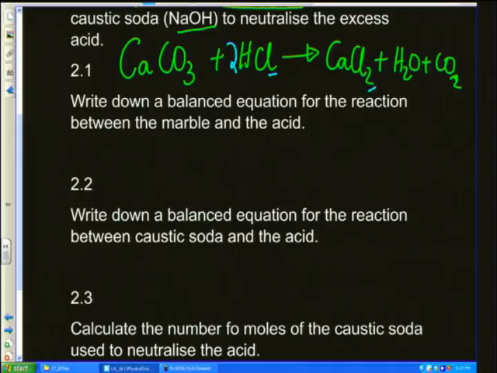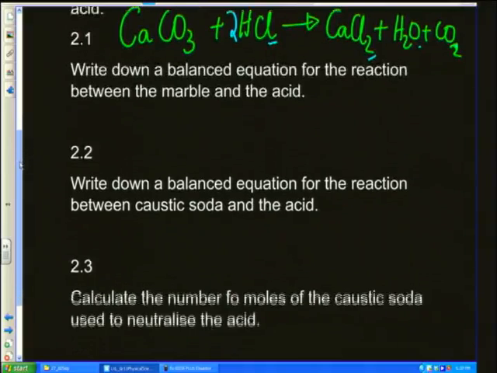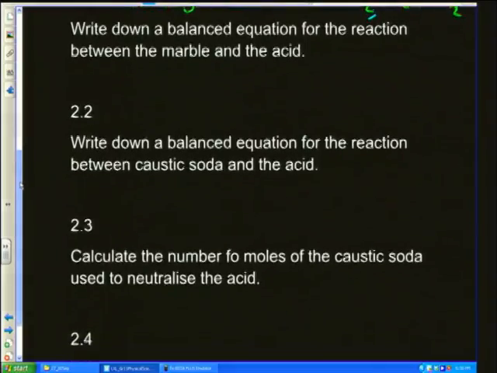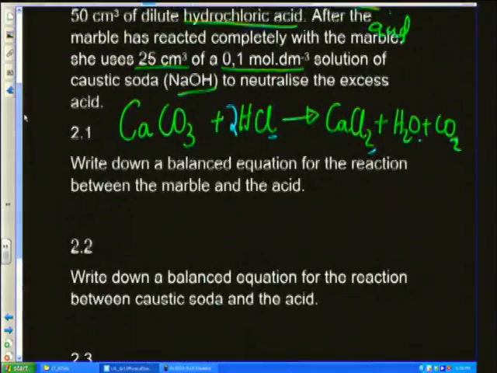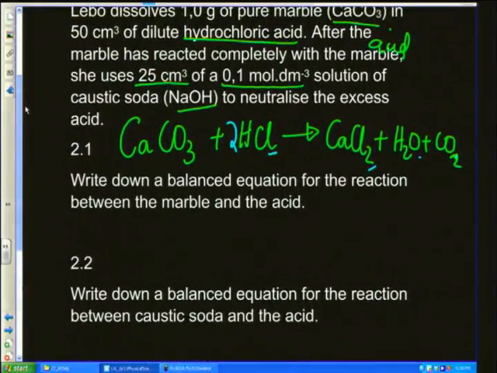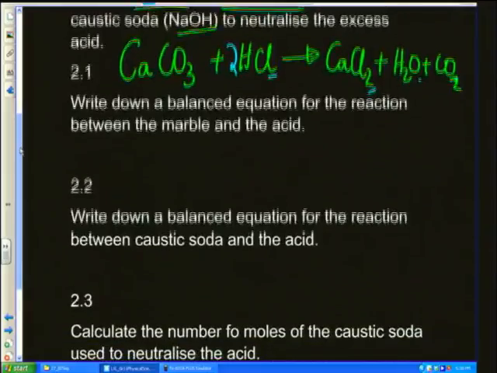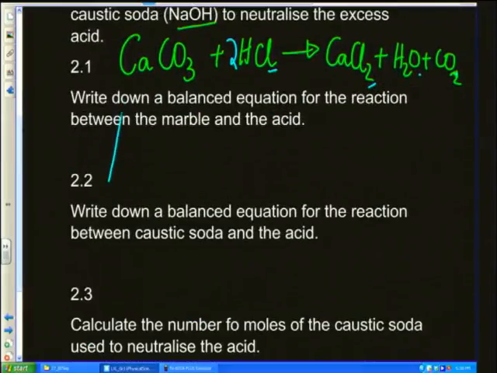So I'll put a 2 there: 2 hydrogens on the left, 2 hydrogens on the right, 2 Cls on the left, 2 Cls on the right, and 1 calcium, 1 calcium, 1 carbon, 1 carbon, 3 oxygens, 3 oxygens on the right. So I'm fine. That has been balanced. Okay, so that we have done. Okay, now, so that is that answer there.